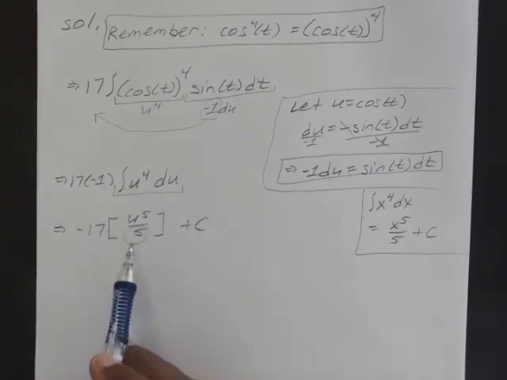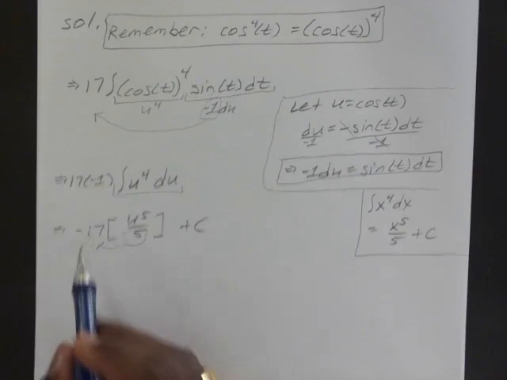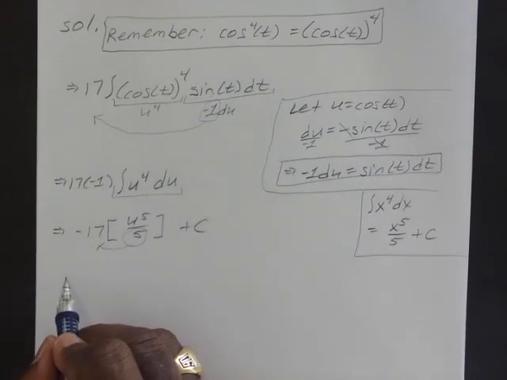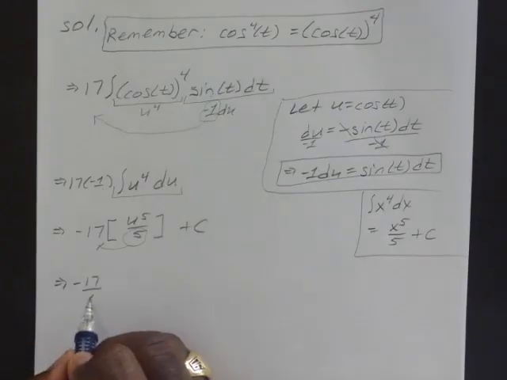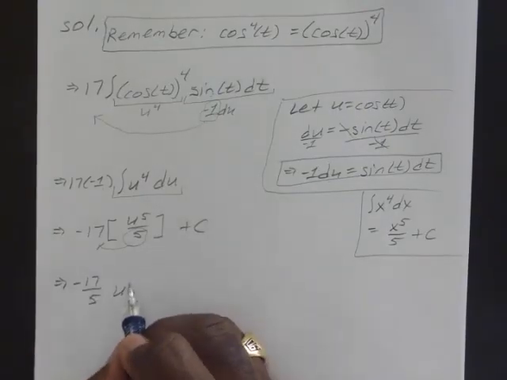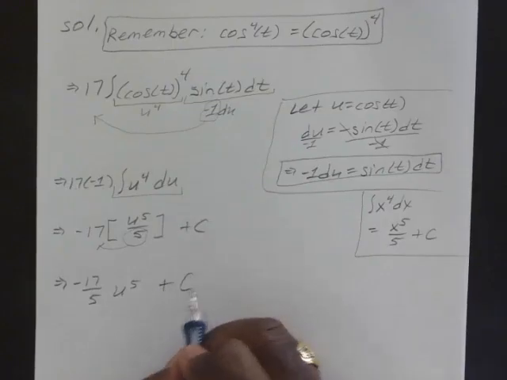So if we factor out this 1 over 5, that'll give us -17 over 5 times u to the fifth power plus c.